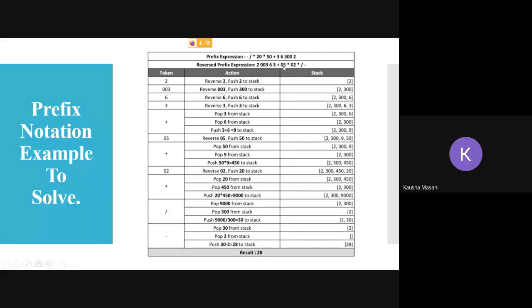So they have reversed it character by character. And the obtained reversed string is this one, which you can see in the second row. You can read the numbers at least. Clear? Is it clear? Yes or no, students?